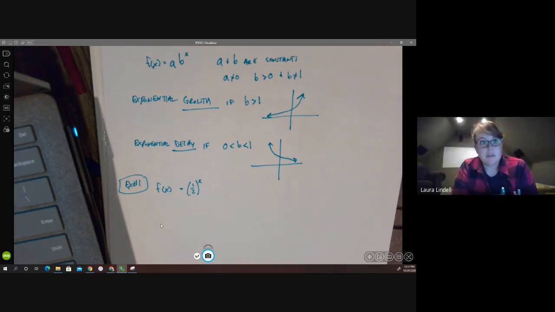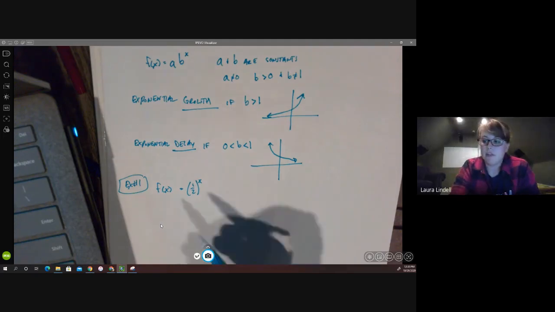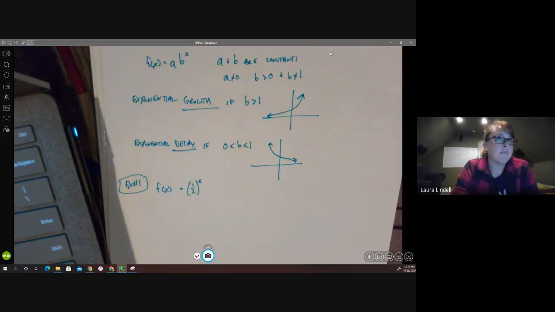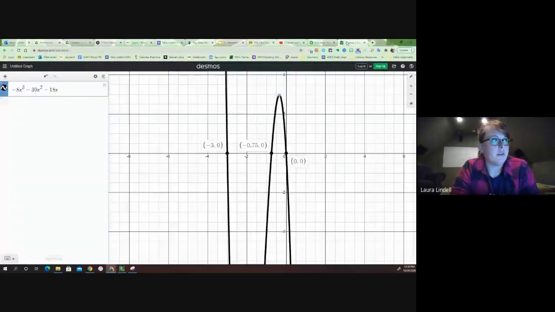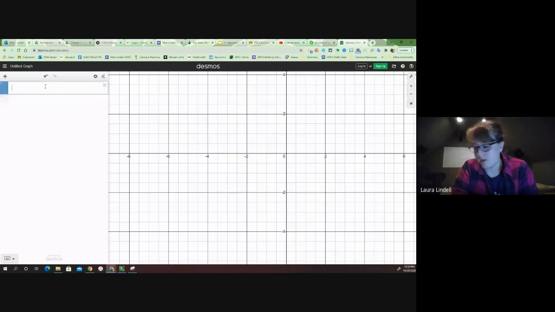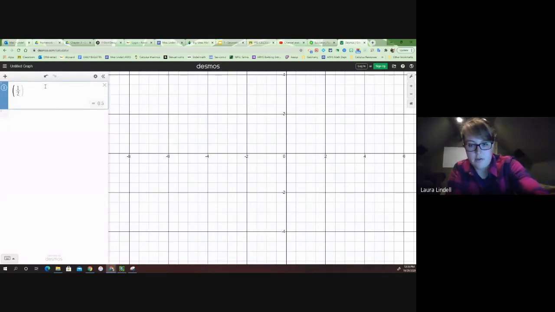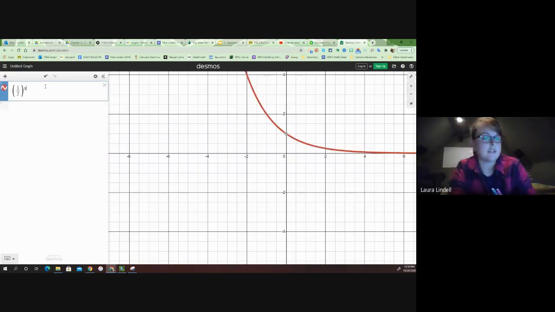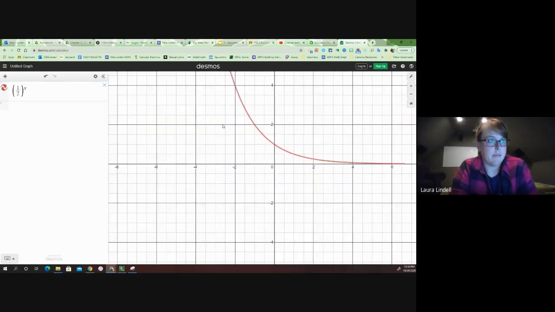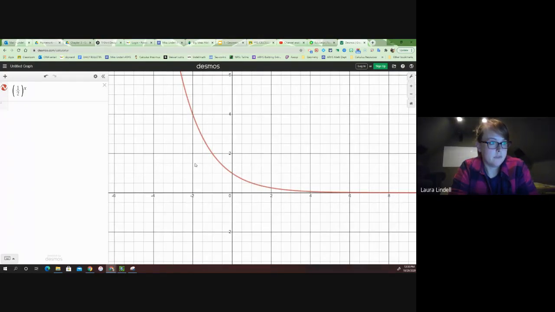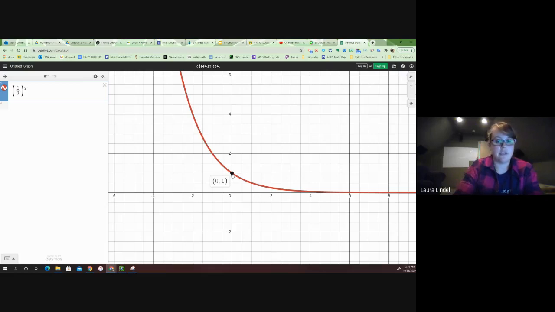All right, so we're going to go over some of the things that we want to know given an exponential function like this. The first thing I would probably do is graph it and see what that looks like. So I would grab Desmos and graph 1/2 to the x and take a look at what happens there. Some important things we might notice: the whole thing sits above the x-axis.